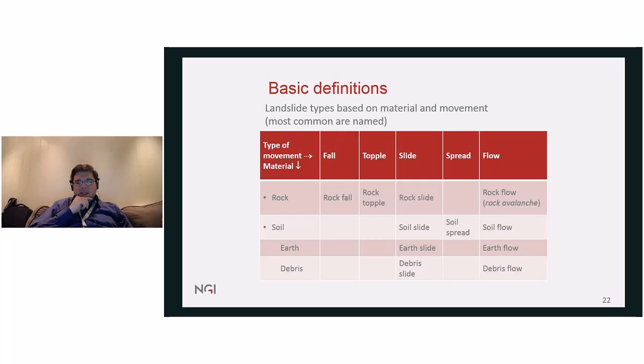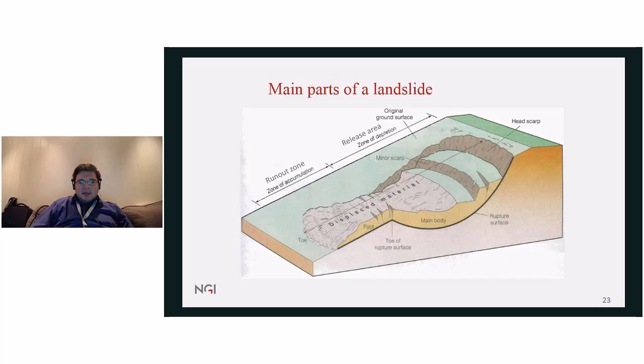So a mitigation measure that can be good enough for rock falls may not be good enough for debris flows, for example. So it's important to know which type of events we have at the initiation phase and at the runout phase. Main parts of a landslide: the initiation area, and then the runout zone. In this case, you see the runout zone is relatively small compared to the release area.